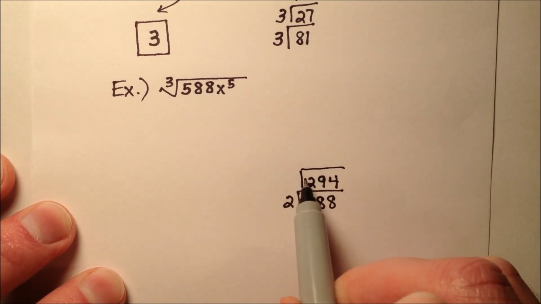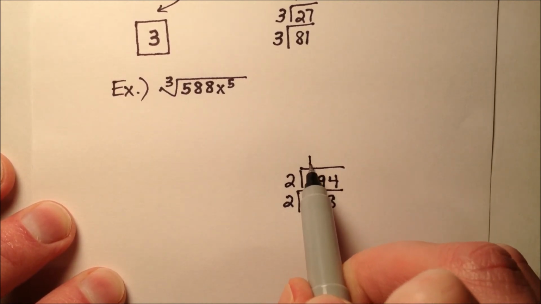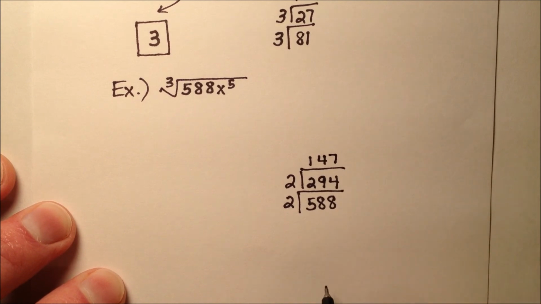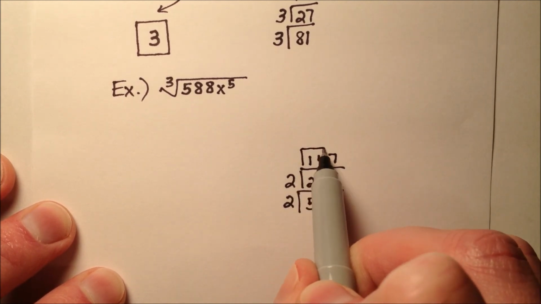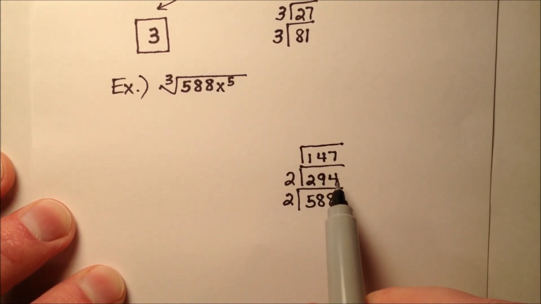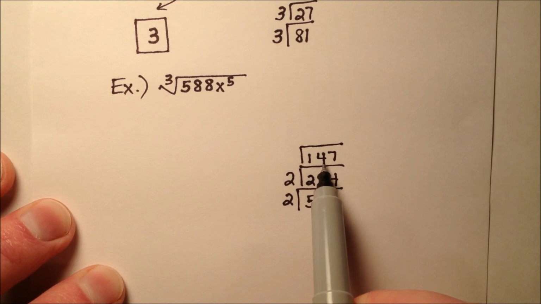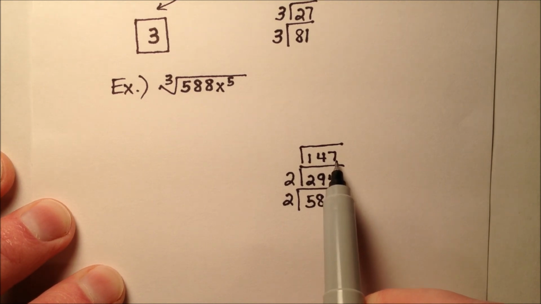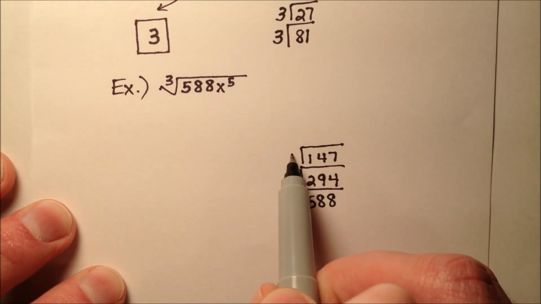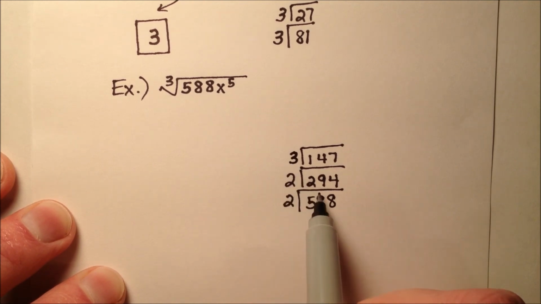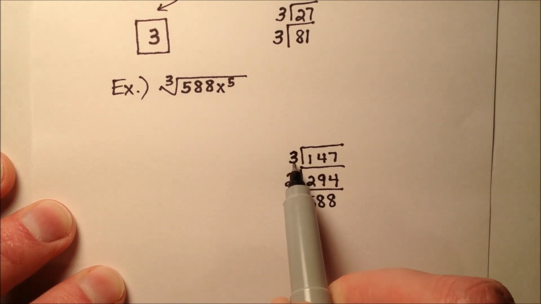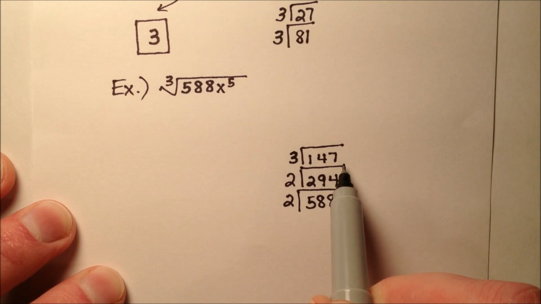Well, I know that 2 will still go into that, so that'll give me 147. Well, 147 is one of those numbers that sometimes we have troubles doing, but I know it's divisible by 3 because 1 plus 4 is 5, plus 7 is 12, and 12 is divisible by 3. So I just used my rules of divisibility to know that 3 could divide 147 evenly.